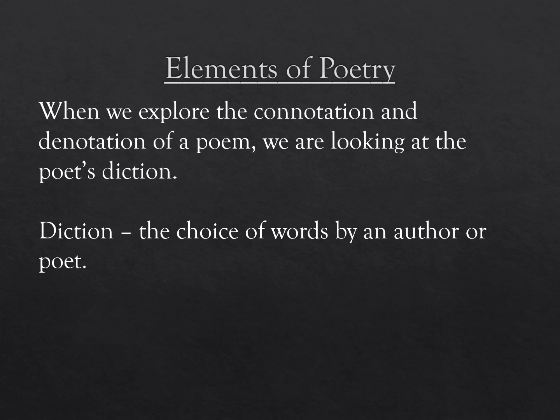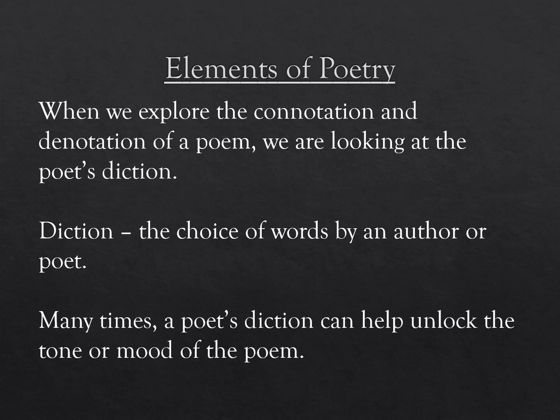But in poetry and in writing, diction refers to the choice of words by an author or the poet. Many times, a poet's diction can help unlock the tone or mood of the poem. The mood, feeling, the emotion, the circumstances that are within the poem itself.